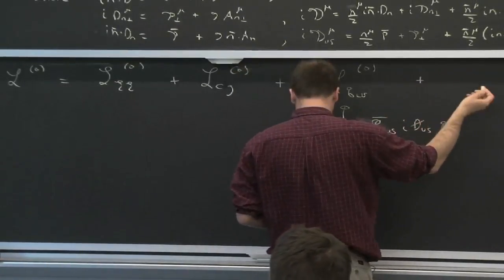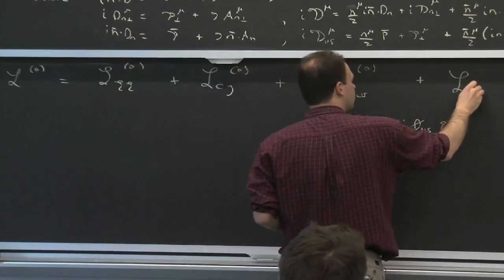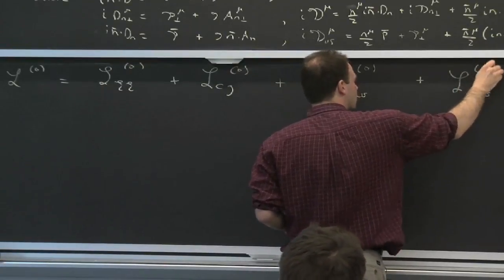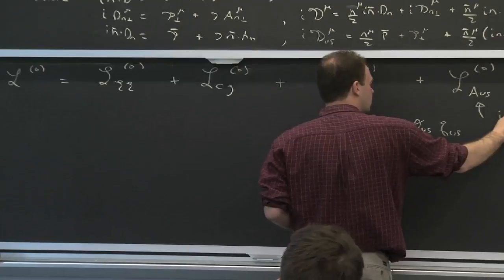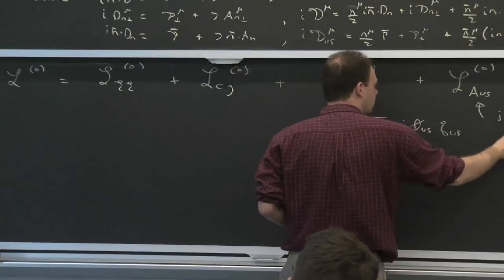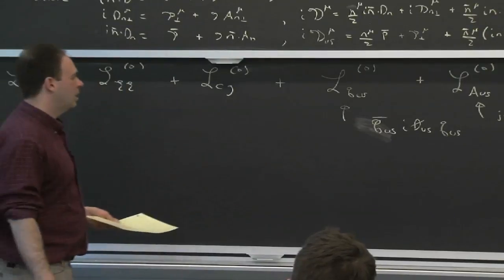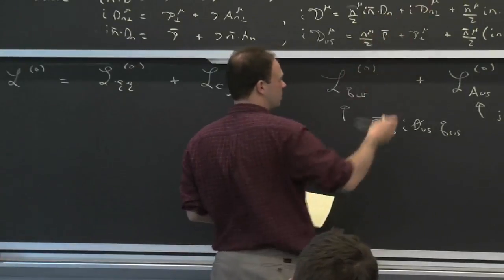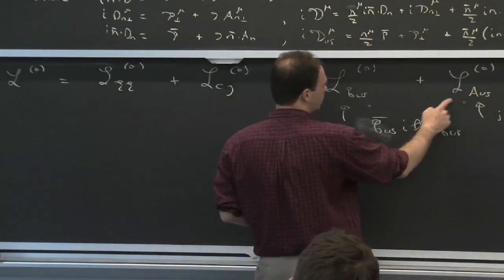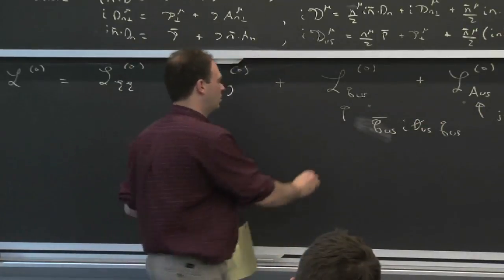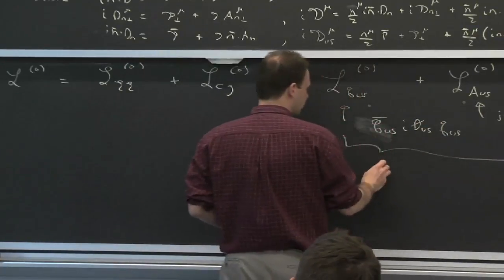And likewise for the gluon piece, it's just QCD. And we would do the gauge fixing without thinking about any complications like these ones. And these are just involving ultrasoft fields. So just QCD, just ultrasoft fields.